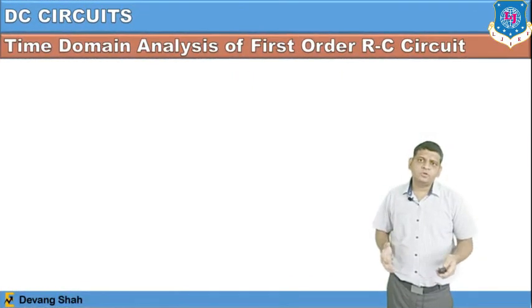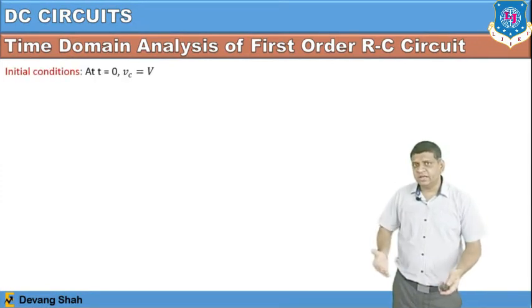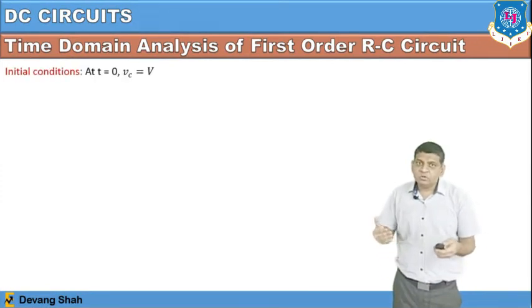Now my job is to find the integration constant K1. This is defined by the initial condition where t is equal to 0.